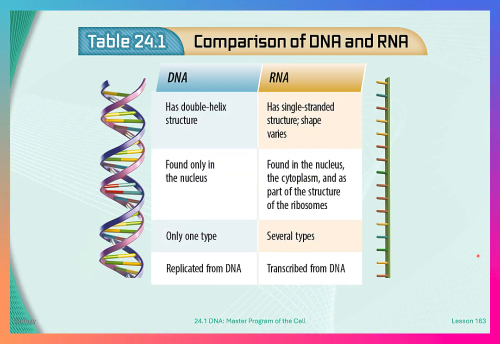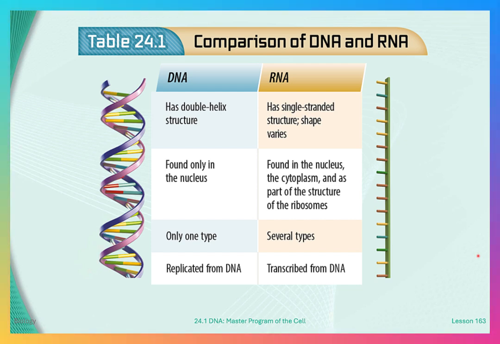The DNA molecule forms a double helix, while the RNA molecule is a single-stranded structure with varying shapes. DNA is only found in the nucleus, while RNA can be found in the nucleus, the cytoplasm, and as part of the structure of the ribosomes.